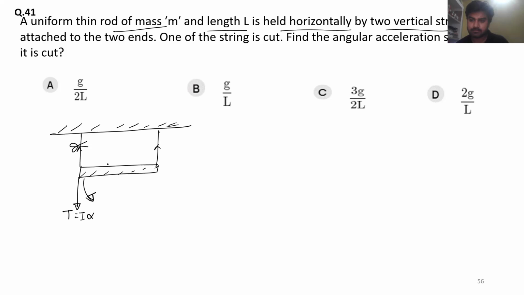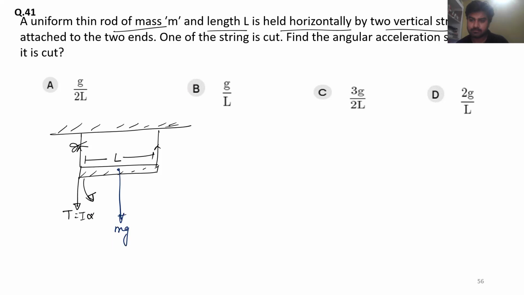And this torque is acting at a distance of L. This is L. So I can write it in terms of force also, which is F into L. Okay. This torque is due to the gravitational force due to the earth. So gravitational force is how much? This much is the gravitational force, which is mg.